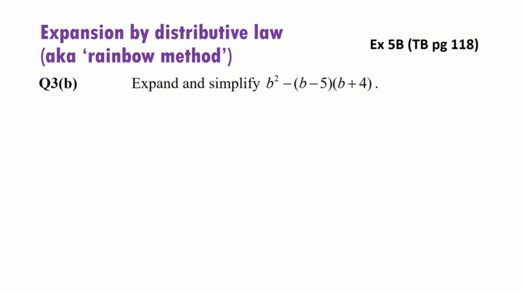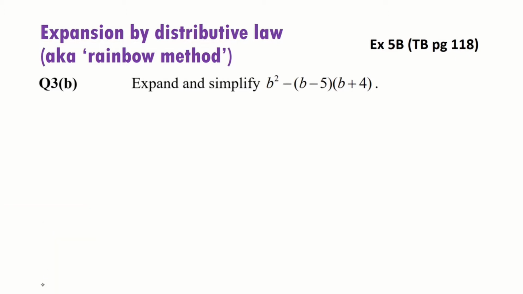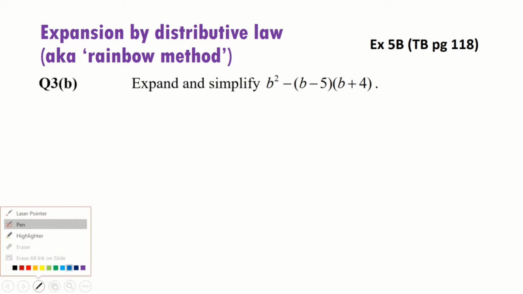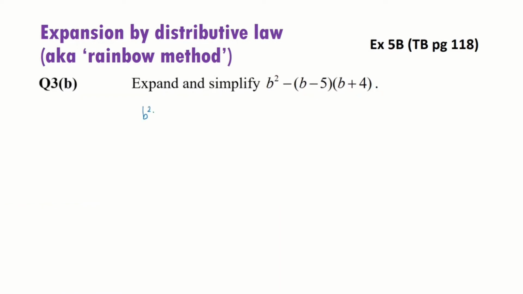So let us take a look at question 3b, where we want to expand and simplify b squared minus (b minus 5) times (b plus 4). So what we need to do is, let me change my color of the pen. When we're given b squared minus (b minus 5)(b plus 4), we will do our rainbow method, and we have b times b and b plus 4.